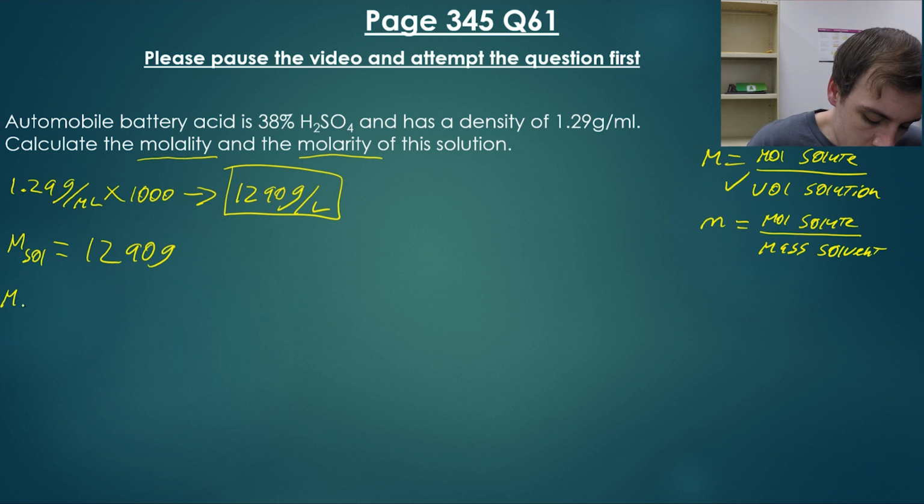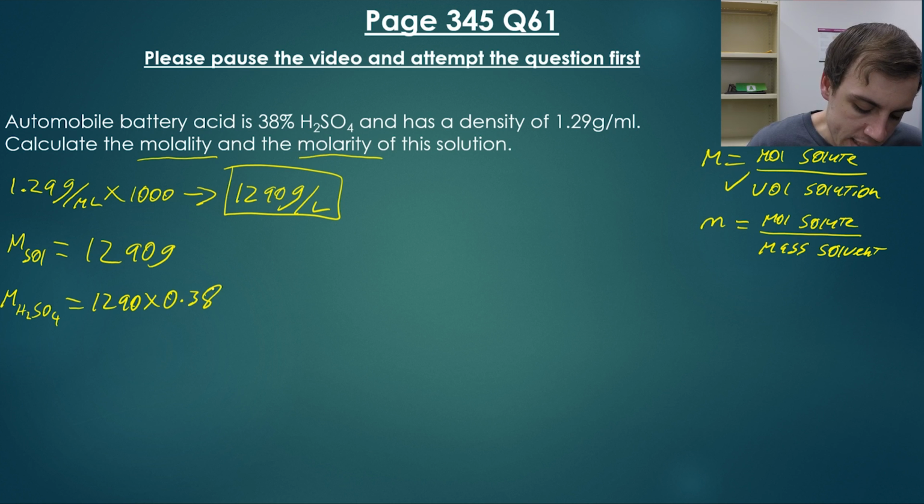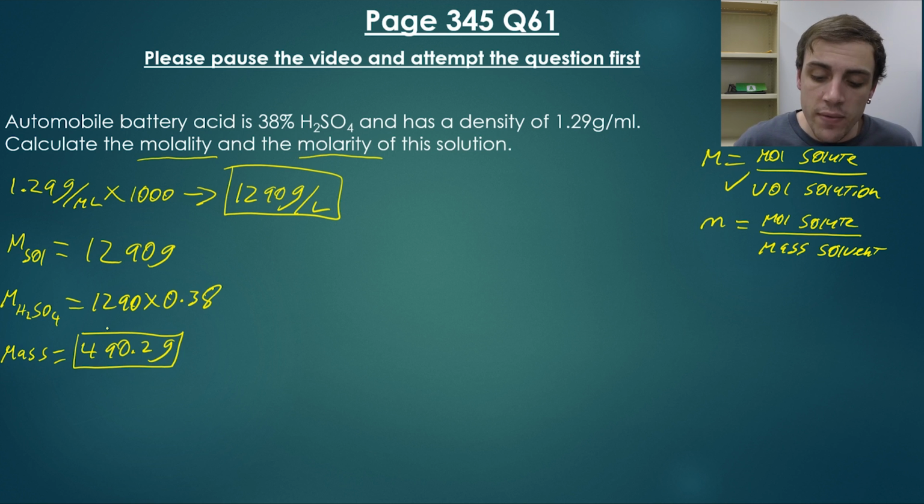So the mass of sulfuric acid is 1,290 multiplied by 0.38, which means that the mass of that is 490.2 grams.